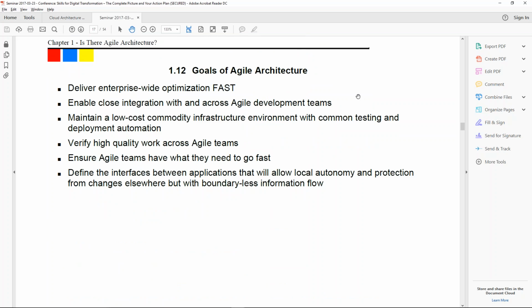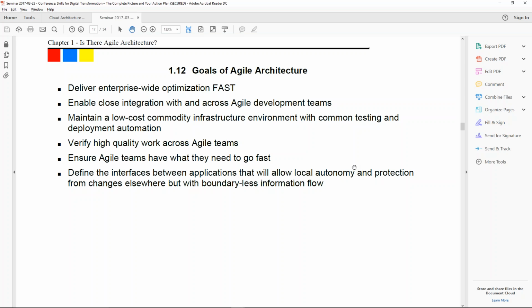So what's Agile architecture trying to do? We are trying to do fast optimization across the enterprise. We are trying to interact with Agile development teams. We are trying to keep our infrastructure low cost. We are trying to confirm that the stuff that is being developed is high quality.